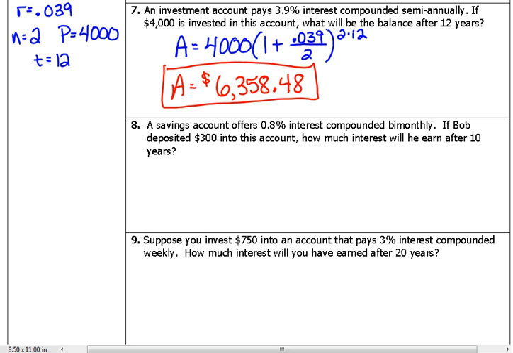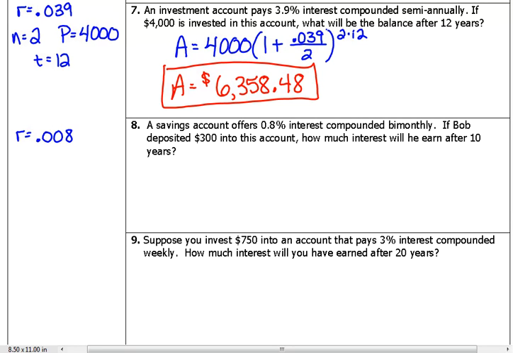Okay, number 8. A savings account offers 0.8% interest. So not very much interest at all. What is our rate here? 0.008. We've got to move it 2 places. So 0.008 compounded bi-monthly. When I see bi-monthly, I think every other month.